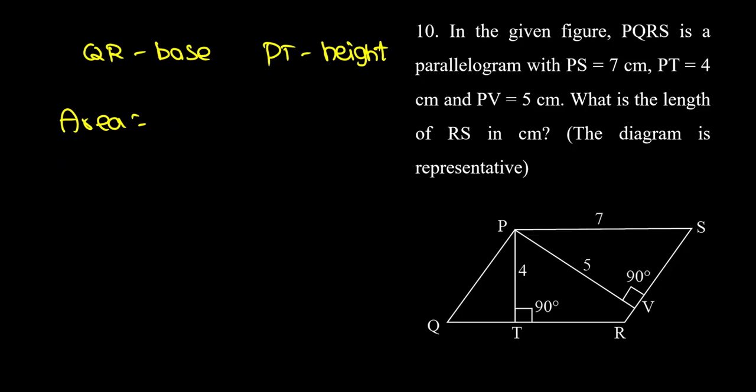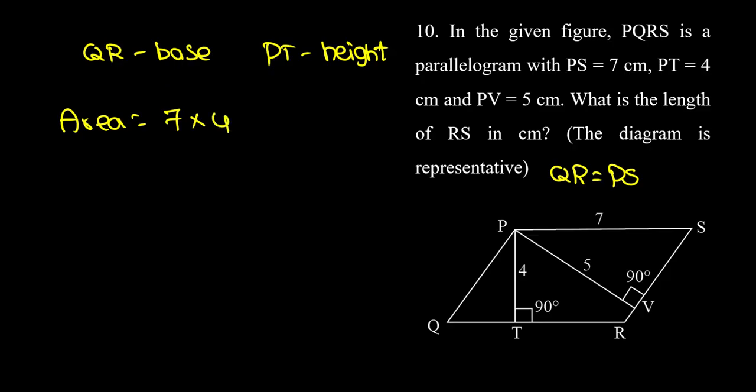QR and PS are both equal. Yes or no? In a parallelogram, QR and PS must be equal. So the base is nothing but PS, 7, and the height is nothing but 4, for the area of the parallelogram.